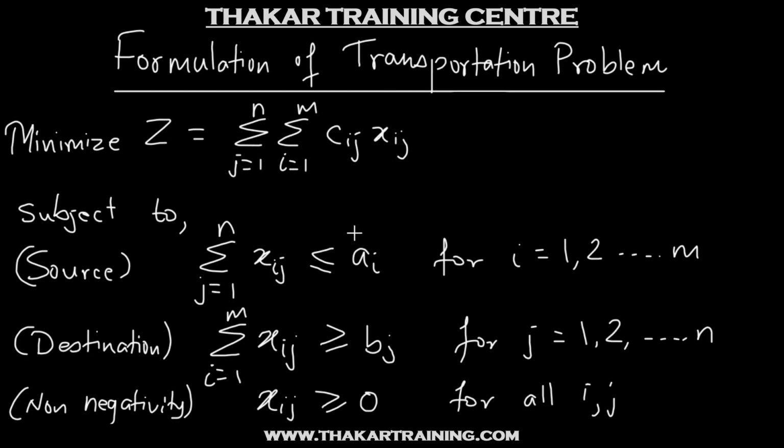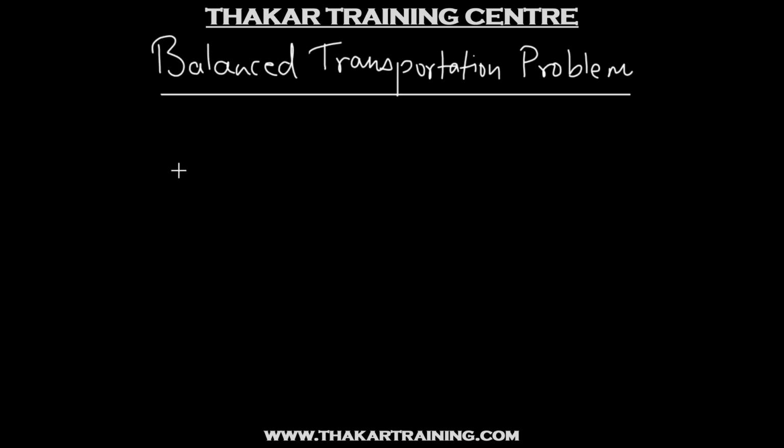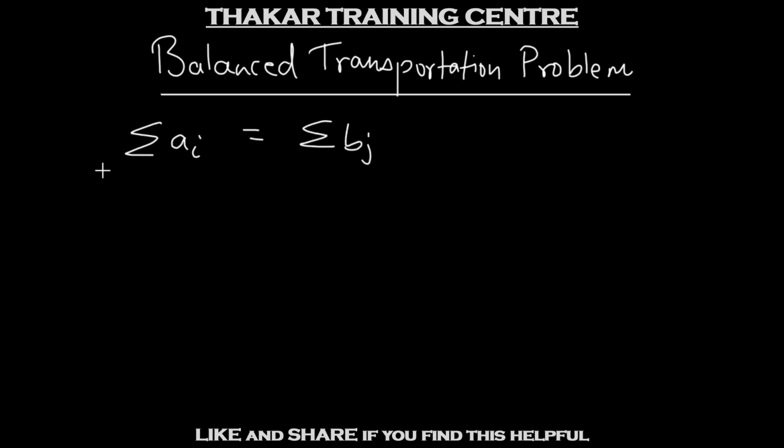Now, if the total capacity of all the sources taken together is equal to the total demand of all the destinations taken together, then we end up with a balanced transportation problem. That is, for a balanced transportation problem, summation of ai will be equal to summation of bj, i going from 1 to m, j going from 1 to n.